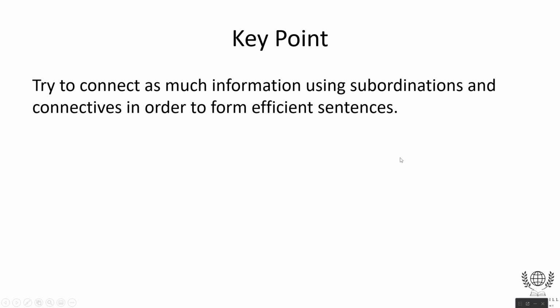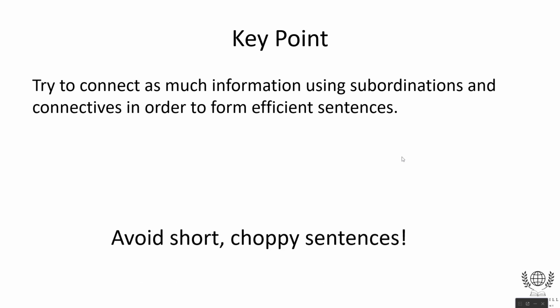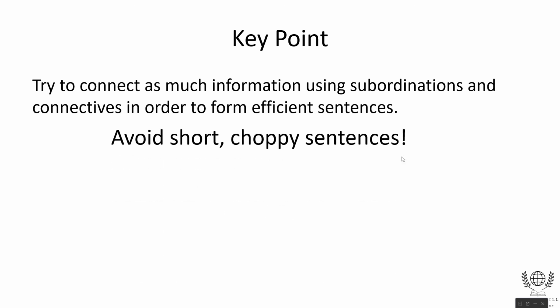So the key point here is try to connect as much information using subordinations and connectives in order to form efficient sentences. Right? Point is, avoid short, choppy sentences with simple grammar. You simply will not score a high score if you use short, choppy sentences. The highest scores you can reach depend on your ability to connect these trends together.